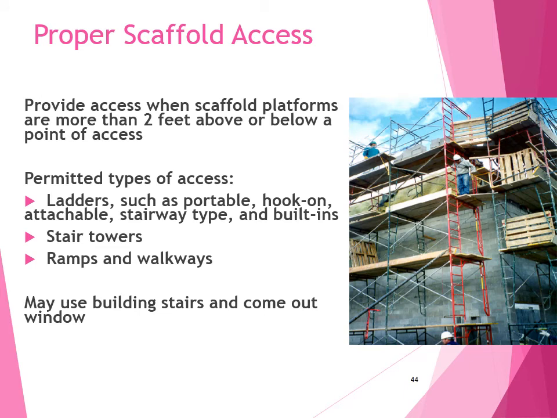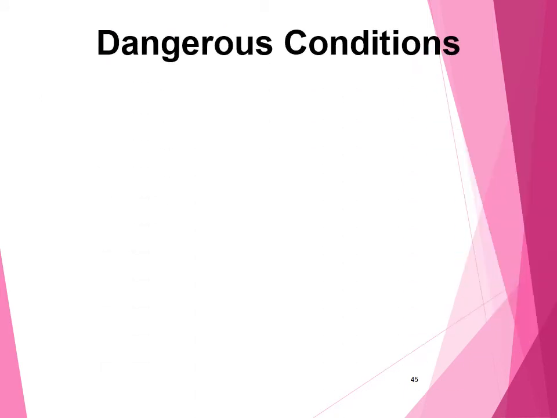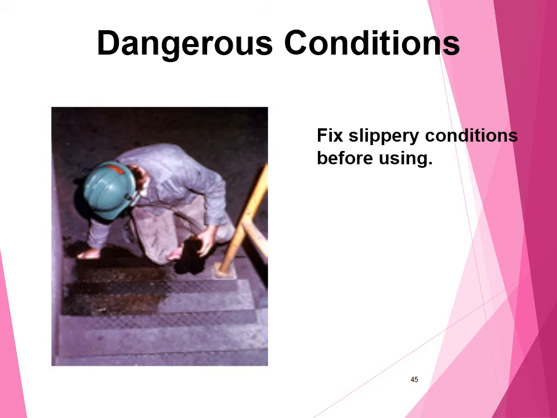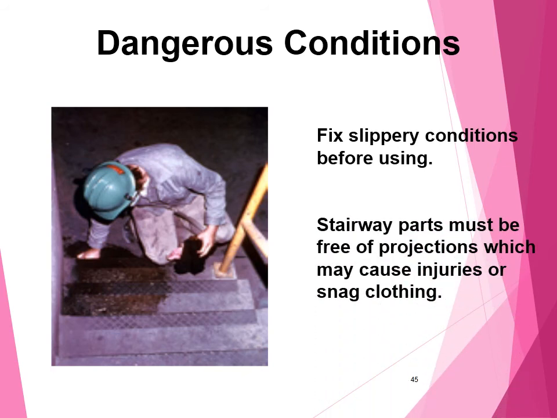This is the methodology I have been showing now. Dangerous conditions. This slippery ground is a very dangerous condition. Stairway parts must be free from projections which may cause injuries or snag clothes.